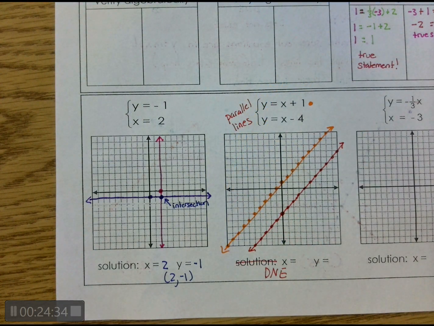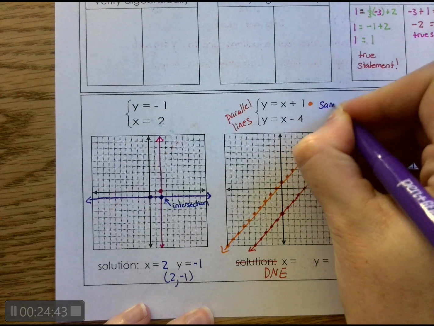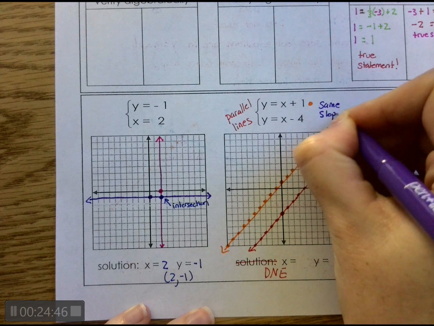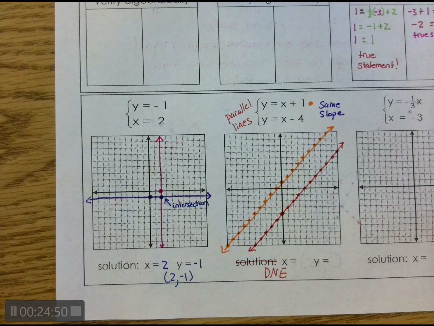And you can actually tell that from your equation. The way that you tell if it's parallel lines is if it has the same slope and different y-intercepts.